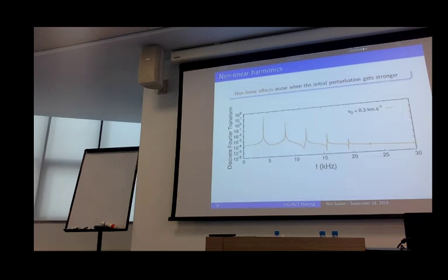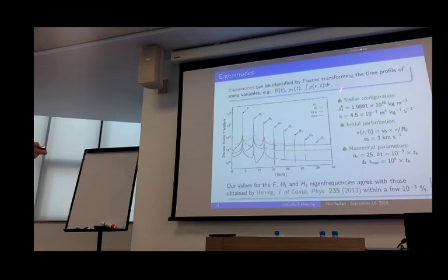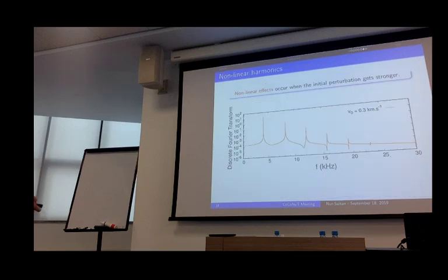Then it's pretty interesting to study the impact of the amplitude of the perturbation on this spectrum. So here is the Fourier transform of the central density for parameters similar to this one, with an initial linear perturbation with a very, very small amplitude. In this case, only linear modes happen to be excited.